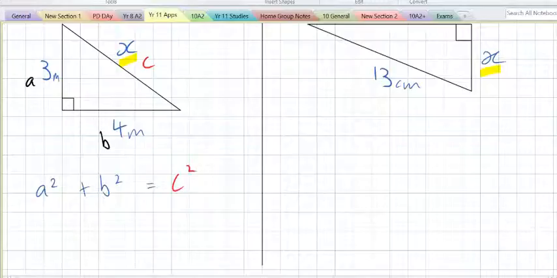So we simply substitute in those numbers. For A, we would substitute in 3, for B we substitute in 4, and for C we substitute in x. So in our Pythagoras equation, instead of A we write 3, and instead of B we write 4, and instead of C we write x. And note the squares stay there.